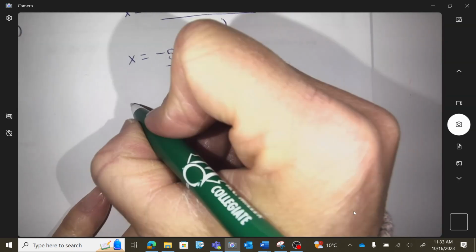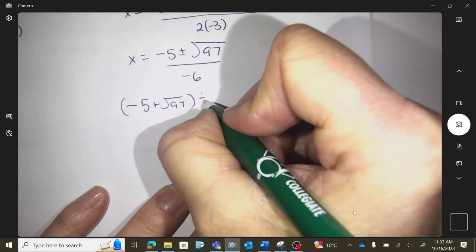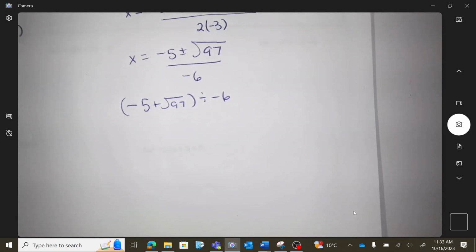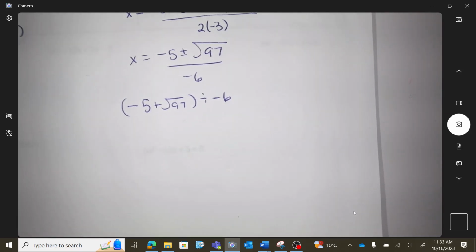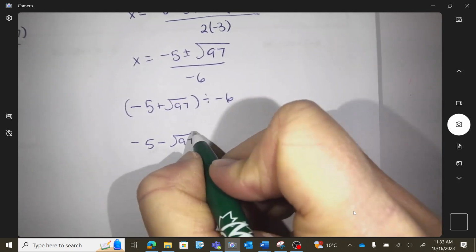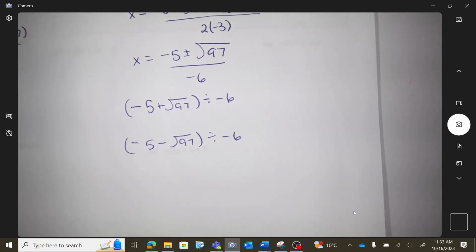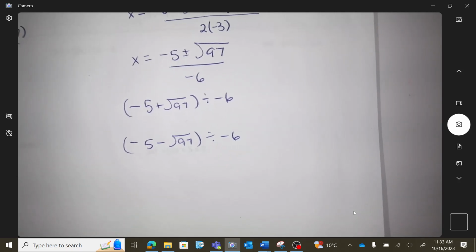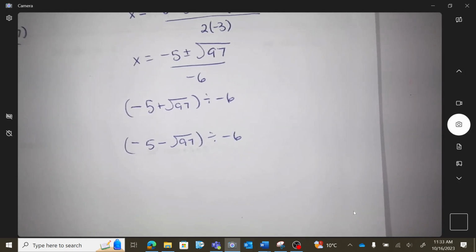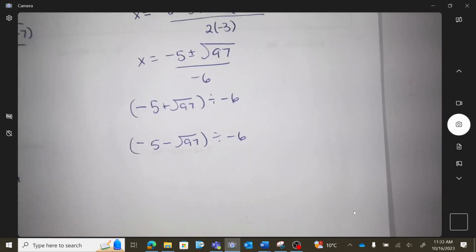Okay, so your calculator should look like this. That's what your calculator typing should look like, right? And then on the other typing, it should look like that. Does anybody know if they have a brackety calculator? Do you know what I mean with that? Mine is not.